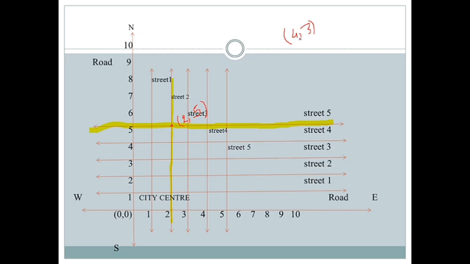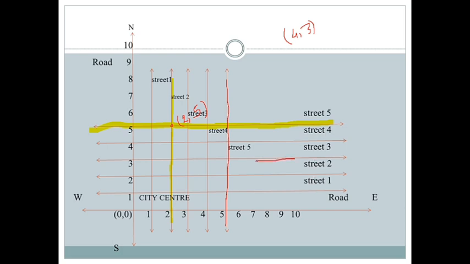So here first it is given 4, it means it is the fourth street which we have to represent from north to south, the fourth street which is crossing from north to south. So this is the fourth street which is crossing from north to south. And after that, given third, that is 3, means the third street which is crossing from east to west. So which is the third street? This is 1 2 and this one is 3.